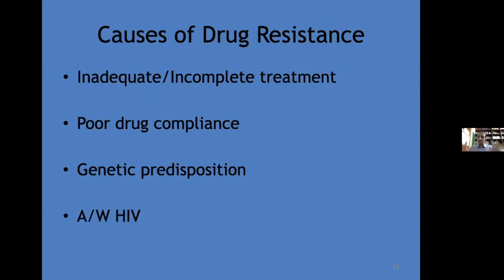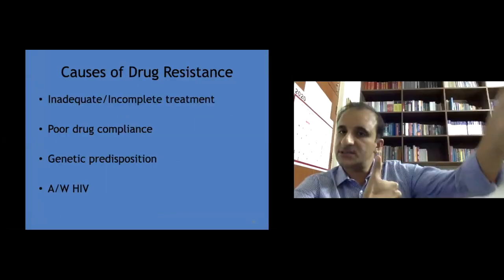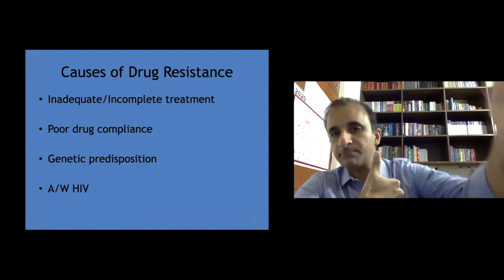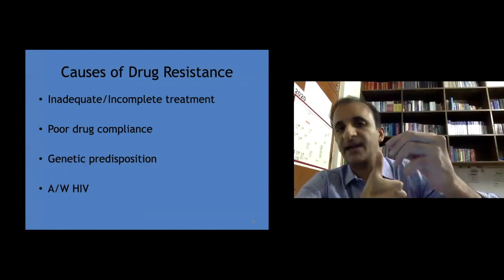Now, what are the causes of drug resistance? Again, you should be aware and involved with your patient, because inadequate or incomplete treatment will lead to MDR tuberculosis. So what is the clinical significance? The clinical significance is a patient coming to you who has been diagnosed, say, Pott's spine by some of your colleague. He started anti-tubercular drugs.